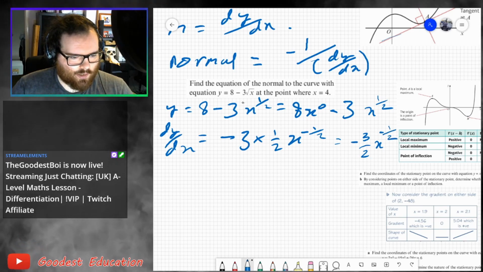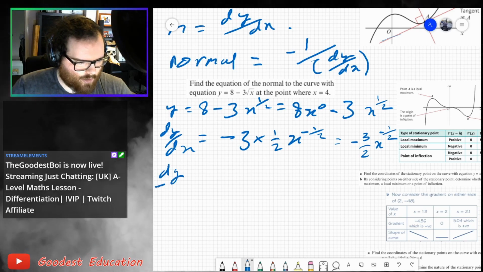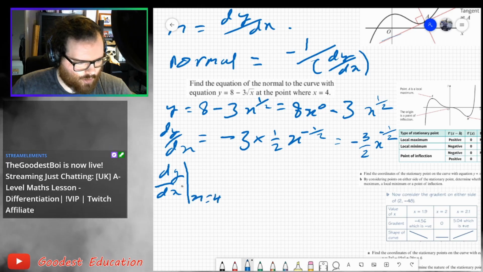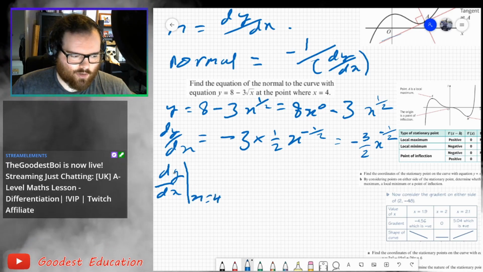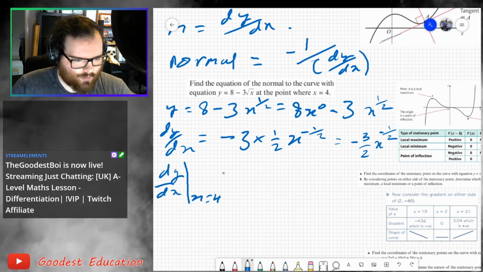So then the gradient of this at 4, one way that people write this is dy/dx with a line going down, x equals 4. So this means dy/dx evaluated at x equal to 4.